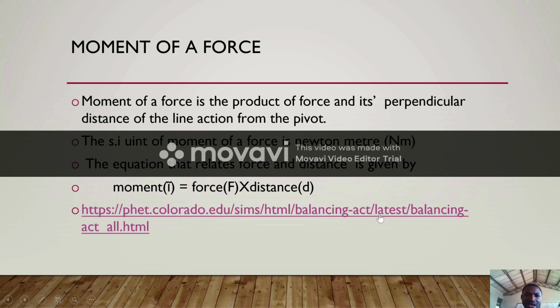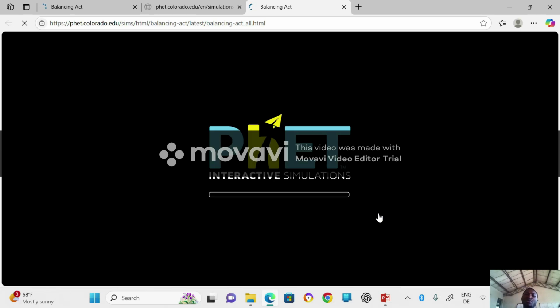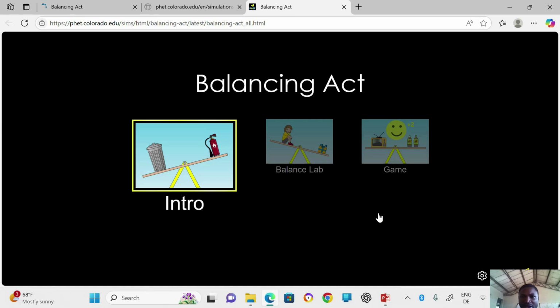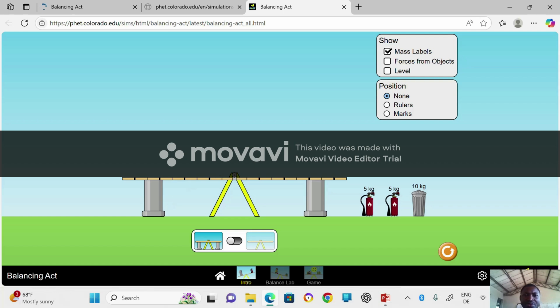Let's look at a simulation about moments, how perpendicular distance affects the moment. This simulation is going to help us understand more how distance affects the balancing of the forces.